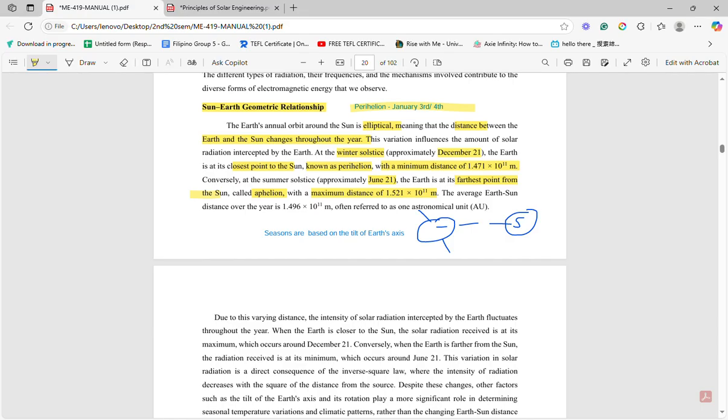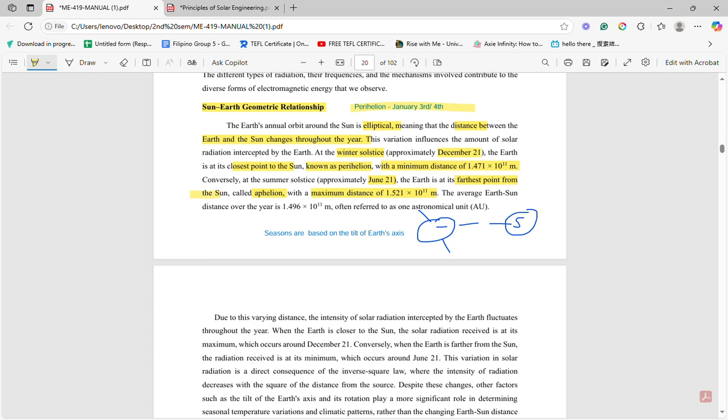However, guys, this is not really the case during aphelion, because aphelion is not on June 21. Tandaan, aphelion is not on June 21.